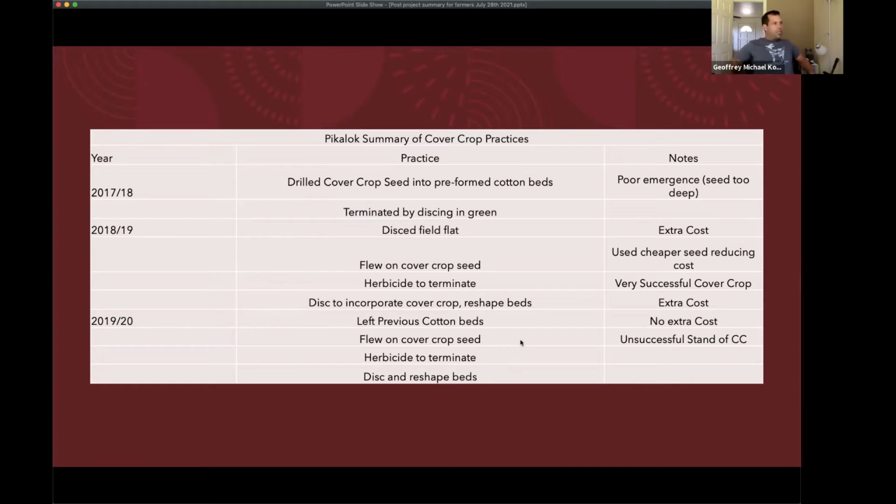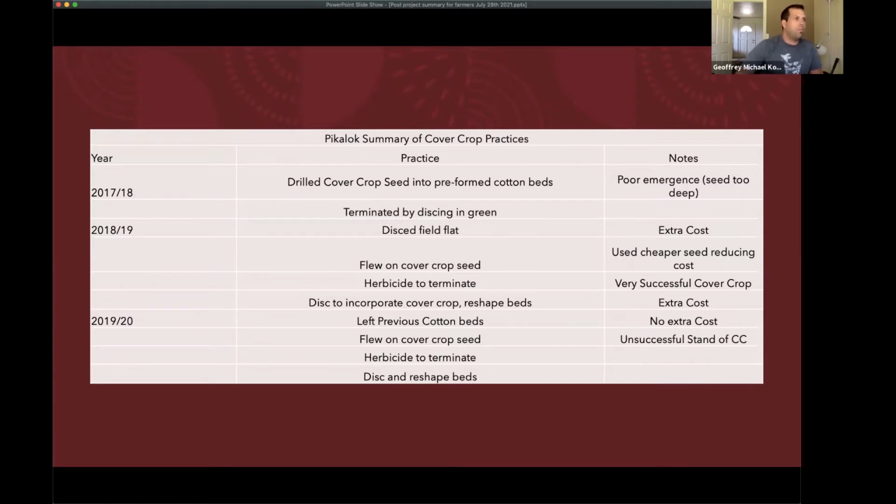So and then the last year, left the previous cotton beds, flew on the cover crop seed, herbicide to terminate, disc and reshape beds. This year there wasn't rain at the right time, and there wasn't that much rain at all, and so it was difficult to get the establishment of the cover crop.